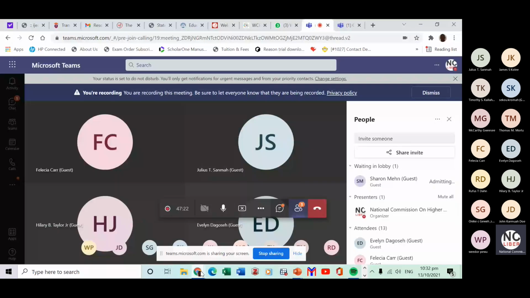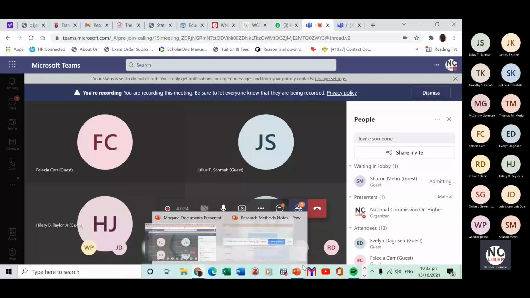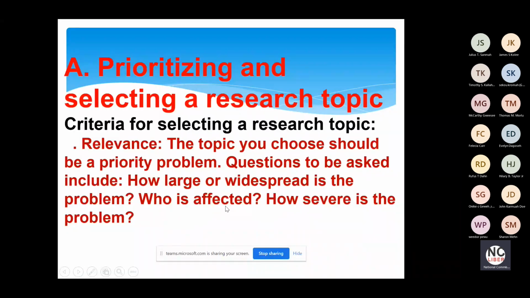In the process of selecting your topic, you may want to find out how large or widespread the problem you want to solve is. Is this problem affecting a lot of people? You want to know that. You want to know who are those that are affected by the problem. And you want to know the severity of the problem.